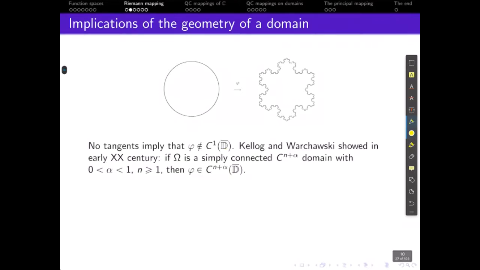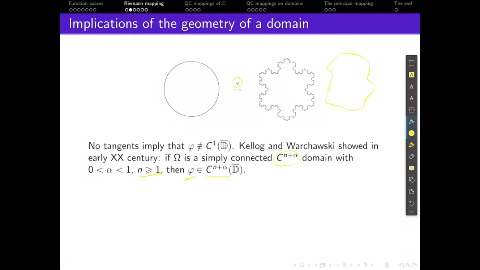So Kellogg and Warschawski showed in the early 20th century that if omega is simply connected and C^{n+alpha}, so a quite regular domain, n greater or equal than 1, and alpha between 0 and 1, then the Riemann mapping inherits the regularity of the domain. So if the domain is regular, then phi is also regular as well.